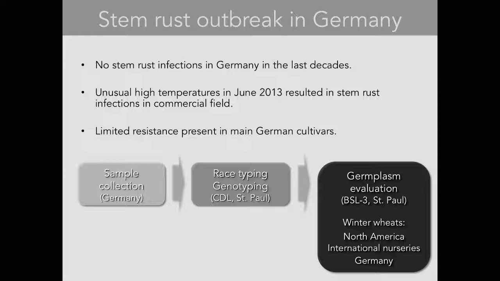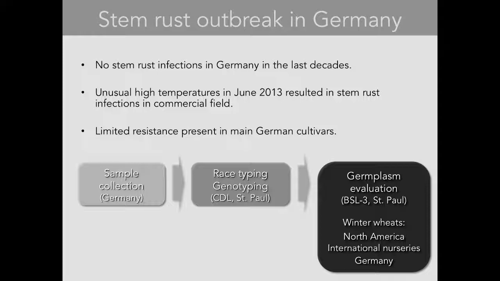So again, following the same steps that we did during the Ethiopian epidemic, and in collaboration with our colleagues in Germany, we followed these 3 steps. Samples were collected during the month of June in Germany. They were shipped to the Fort Detrick laboratory in Maryland. They increased the samples, and on December 1st, they shipped the samples to CDL where we conducted race typing and genotyping.